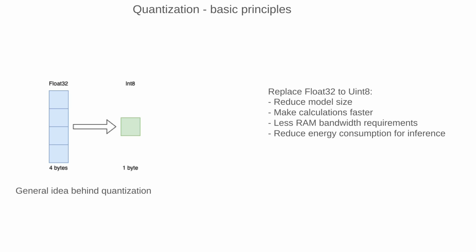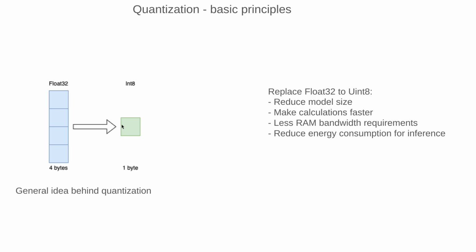What does it mean? Previously we had float32, 4 bytes for virtually every number in the network: for elements of spectrograms, for network output, for activations and for weights in the network. And we can replace at least some values with just 1 byte, int8.